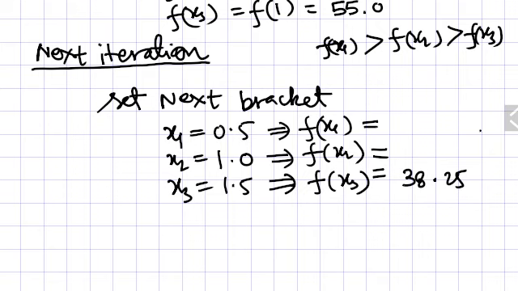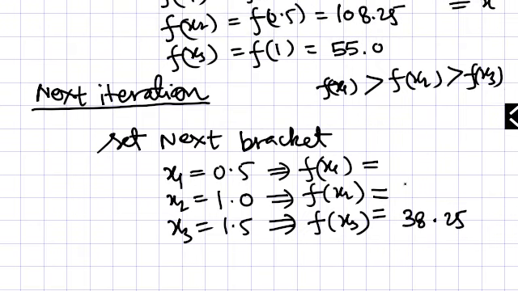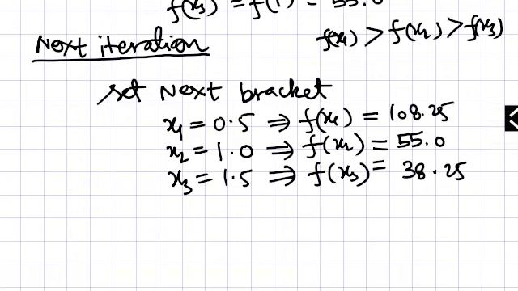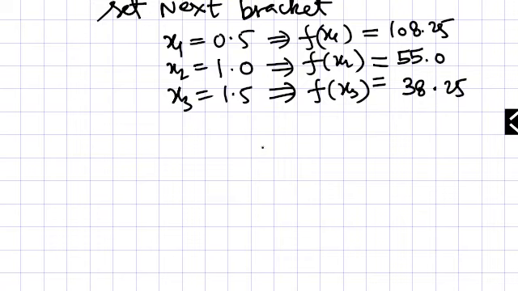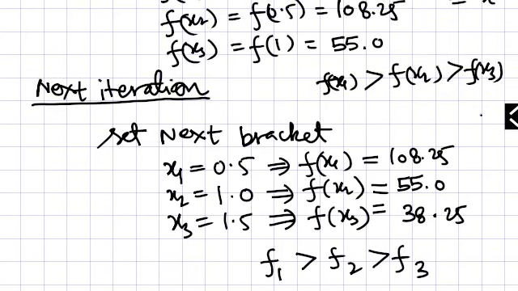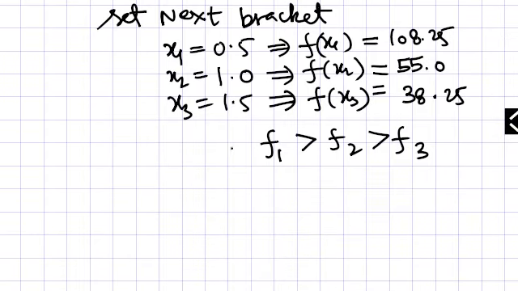It is already calculated here. Again you can see that f1 is greater than f2 is greater than f3. You can represent the functions this way also, if you don't want to show it the complicated way. It is a better way.